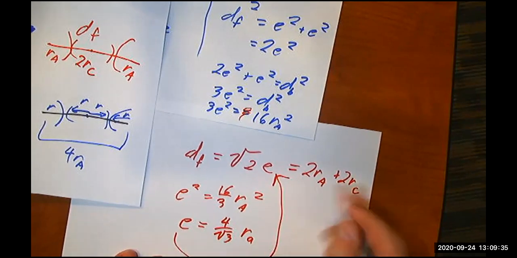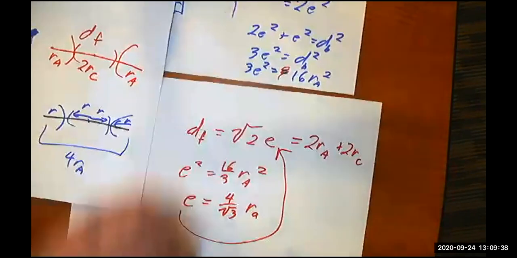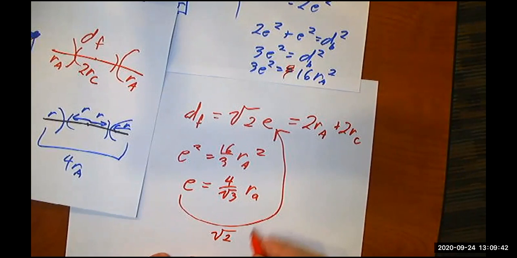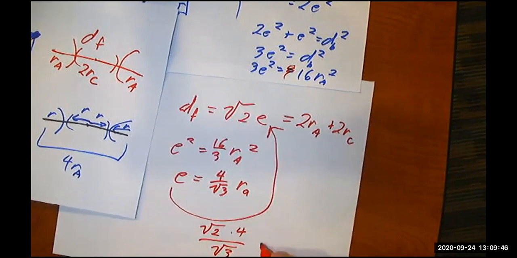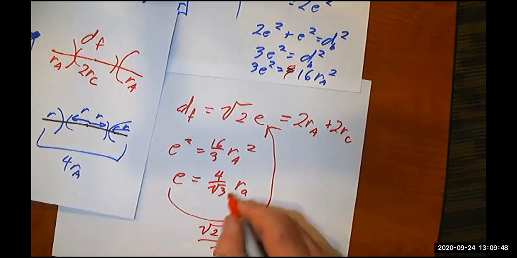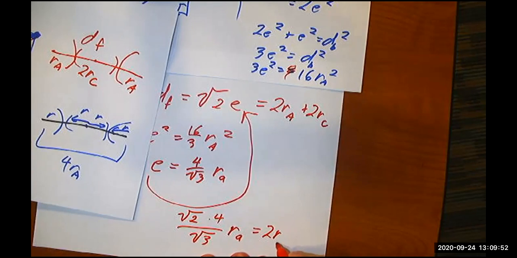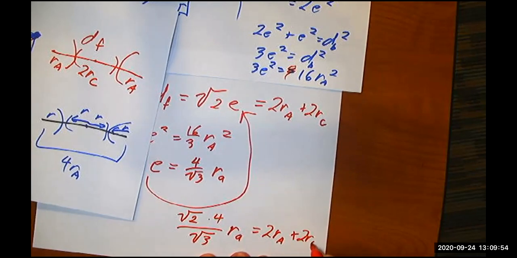That can get plugged in here. We now have square root of 2 times 4 over square root of 3 times RA equals 2RA plus 2RC.